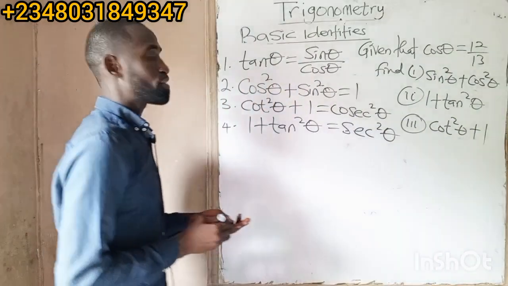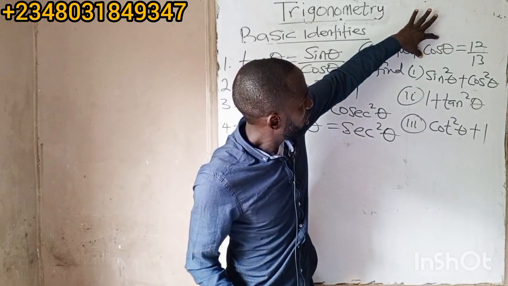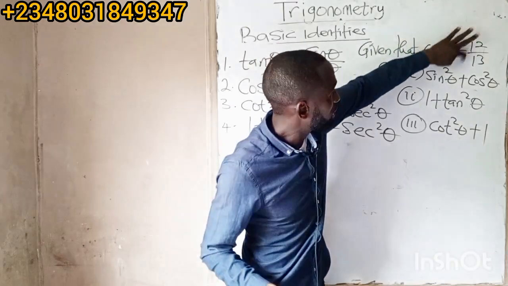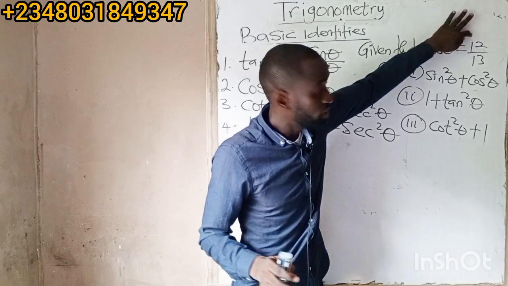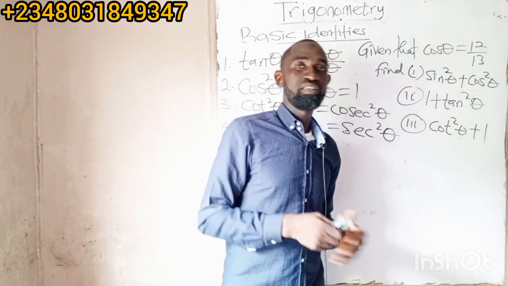Okay, so I told you anytime we are given one of the trigonometric ratios, if the values are given in the form of a fraction, draw a right angle triangle to see the effect of that.